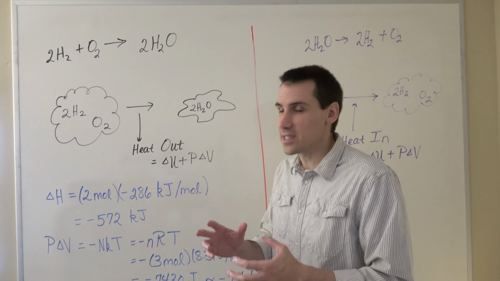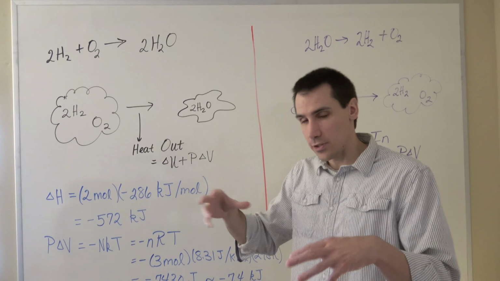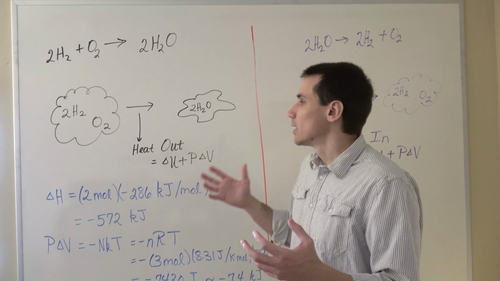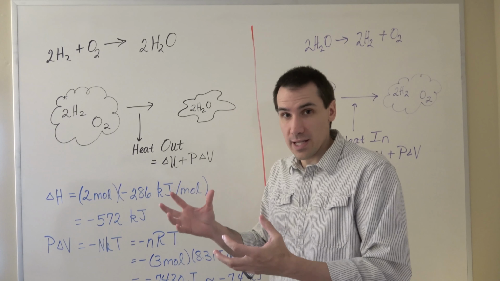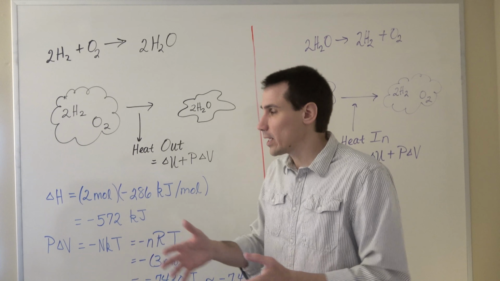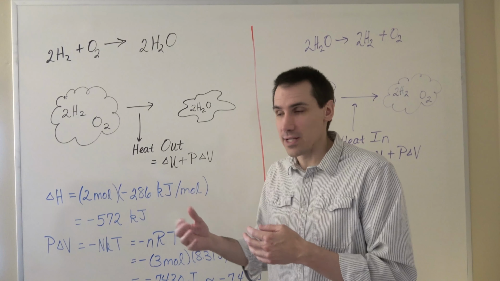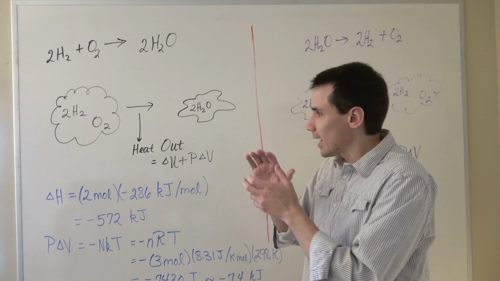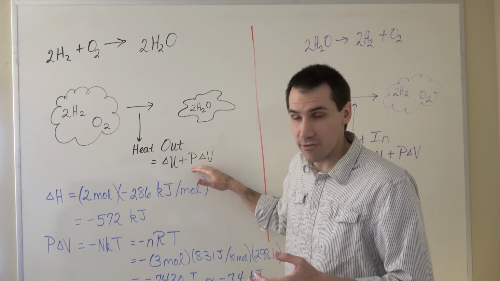Now, because we have stipulated that our system has to start and end at the same temperature, say 298 Kelvin, that means that we can't be heating up our system with all of this energy, and we need to dump this energy into the environment, right? And that's why our delta H value is negative, again, for this system. Okay, and this delta H value comes from the combination of these two effects.